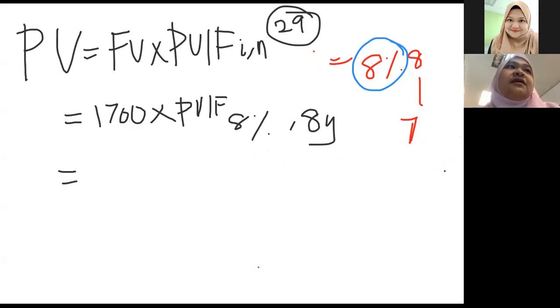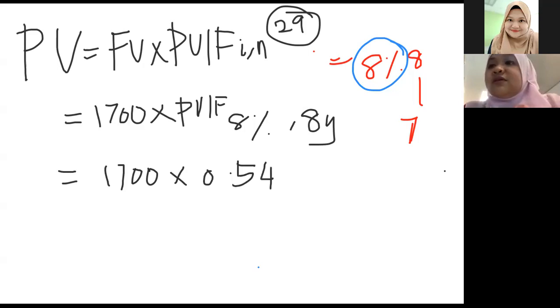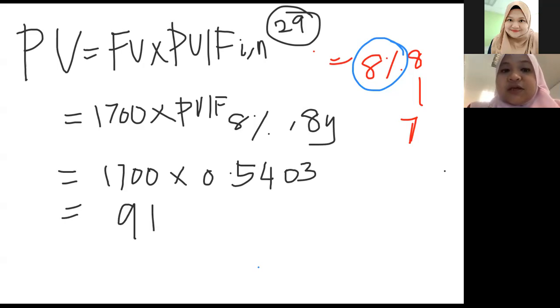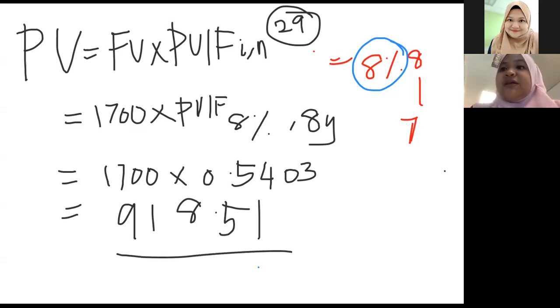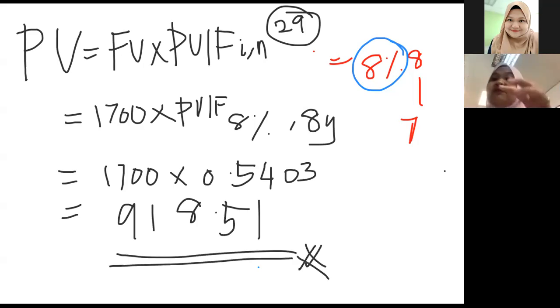So 8%, 8 years is 0.5403. 1,700, you times with 0.5403. So the answer is 918.51.